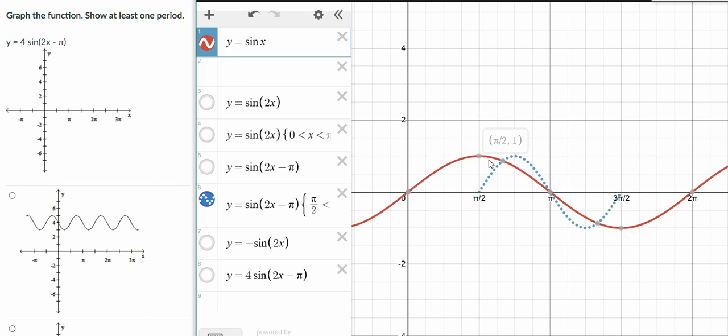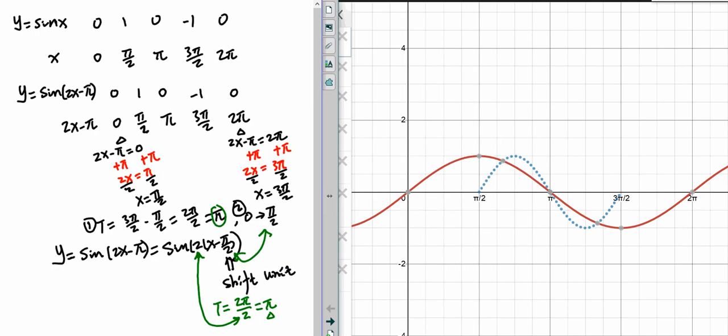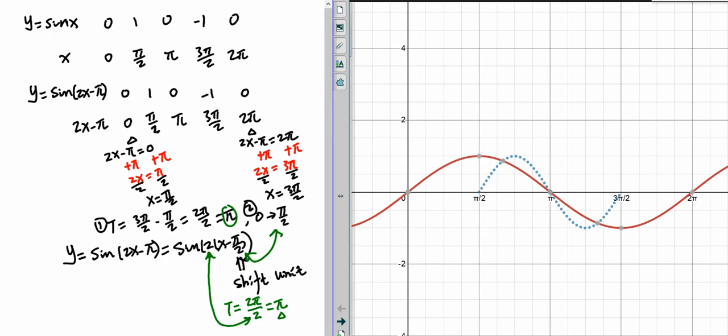We will see how these 5 key points are going to change if we are given a function like sine 2x minus pi. We should have the same y values, 0, 1, 0, negative 1, 0.